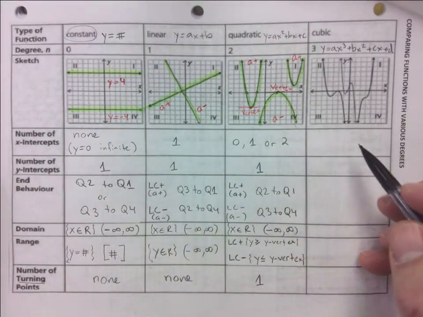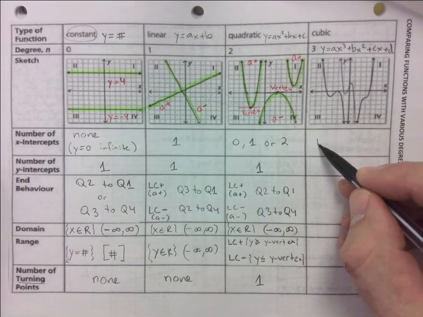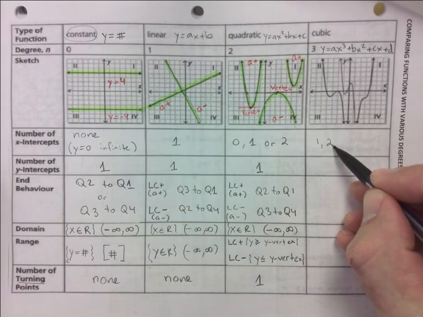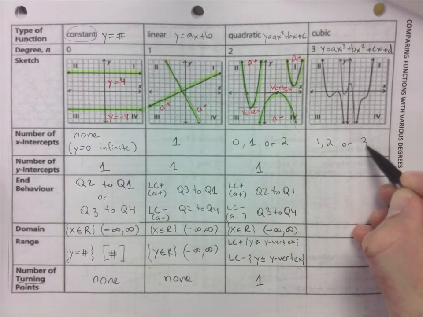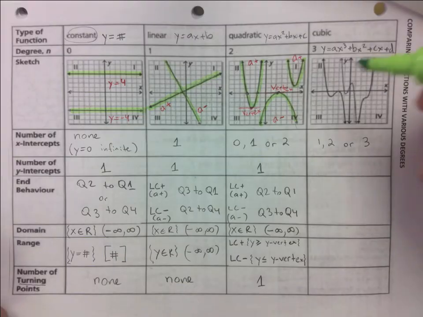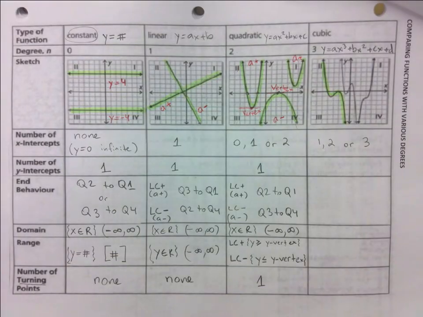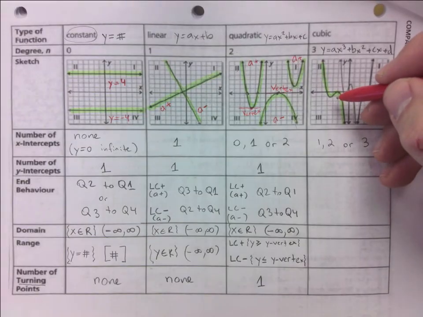Number of x-intercepts. This one can have 1, 2, or 3 x-intercepts. It is hard to see on the graph, okay? But this one right here, if you have a red pen, I wouldn't mind you actually highlighting this part. You remember the vertex, right? It's the lowest point.